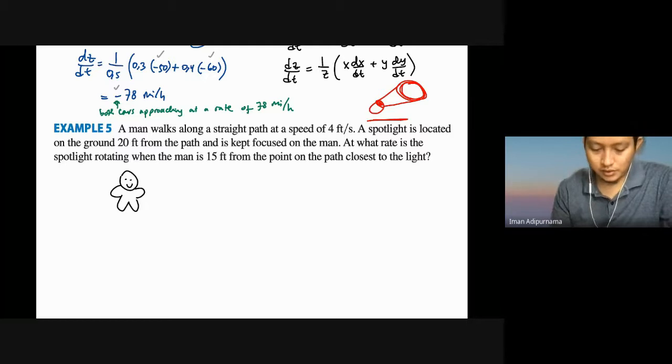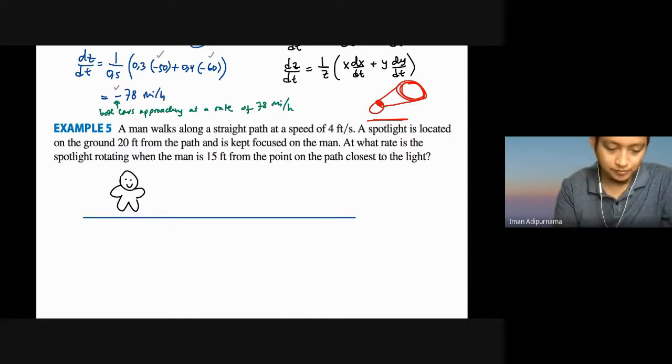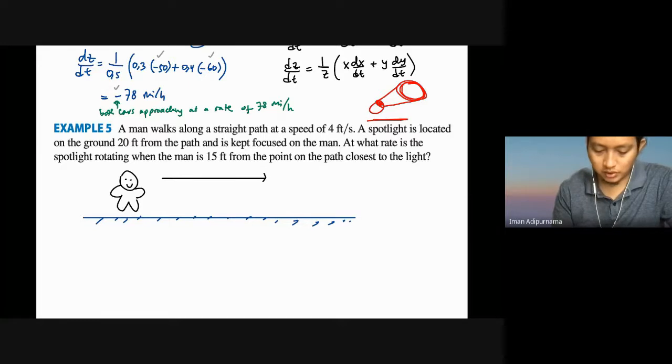So the man I will draw here. He walks along the straight path. Let me draw, maybe this is the path. And then he walks. Let me draw the second man, same man.